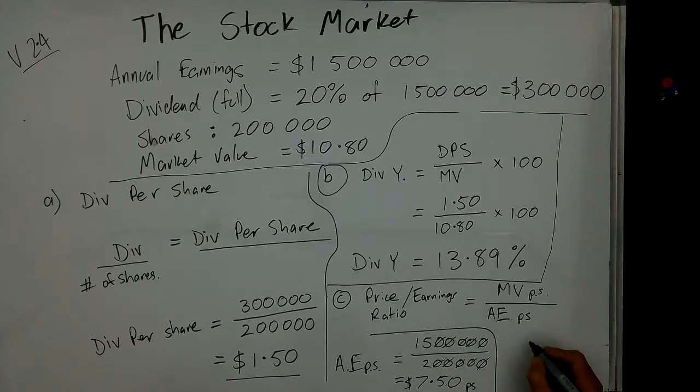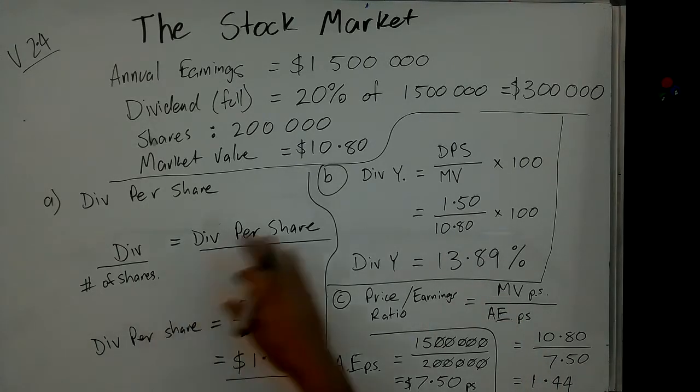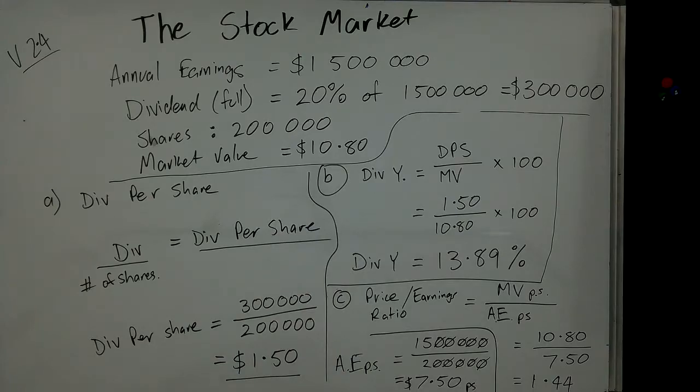So this price per earnings ratio is equal to $10.80 divided by $7.50. Equals 1.44. No units for this because it's a ratio of two dollar amounts. So that's quite low, which means this would be probably a good company to invest money in. A better return than some of the others we've seen so far.